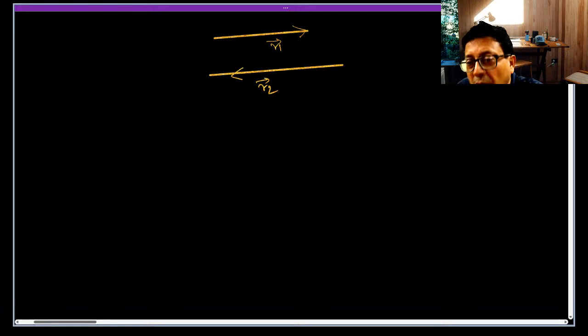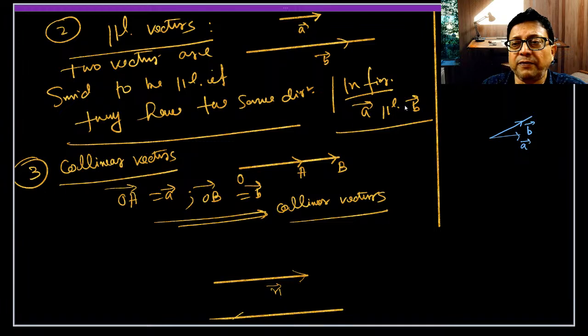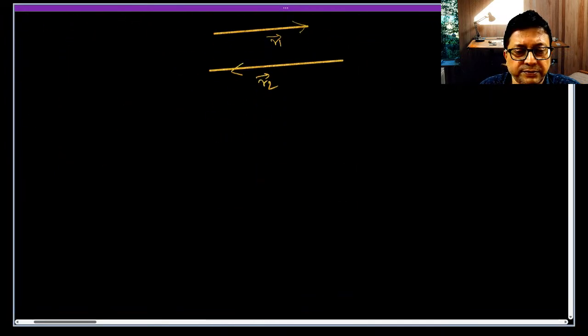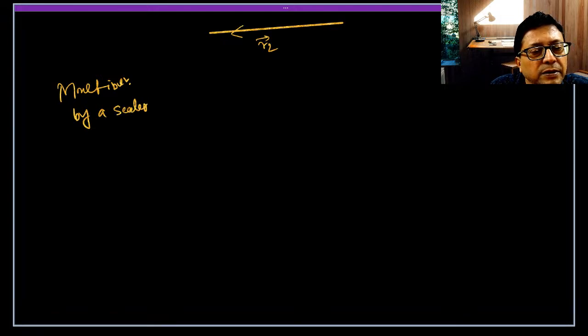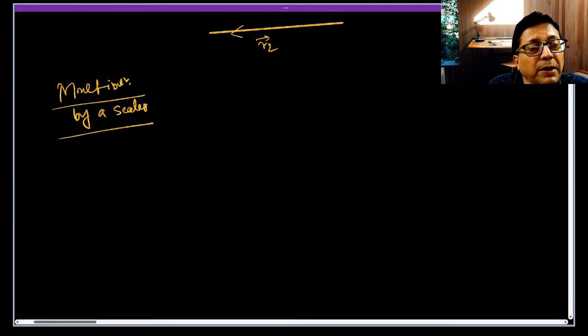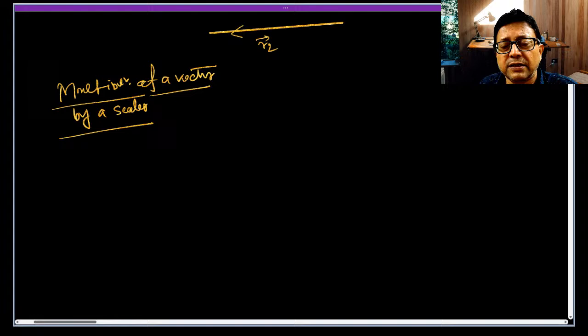Now we will learn multiplication of a vector by a scalar. Let us learn it. We are going to multiply a vector by a scalar.